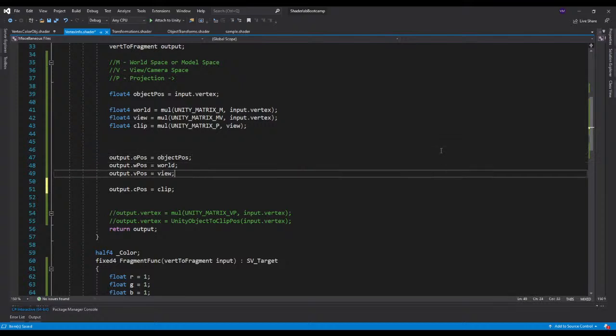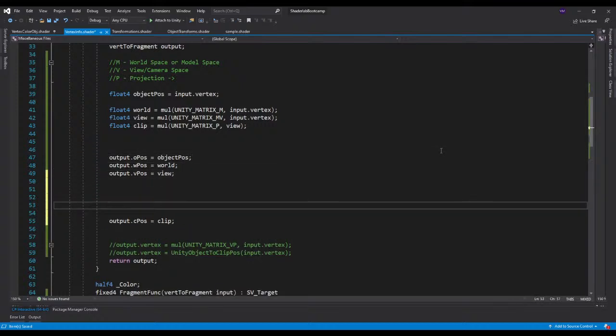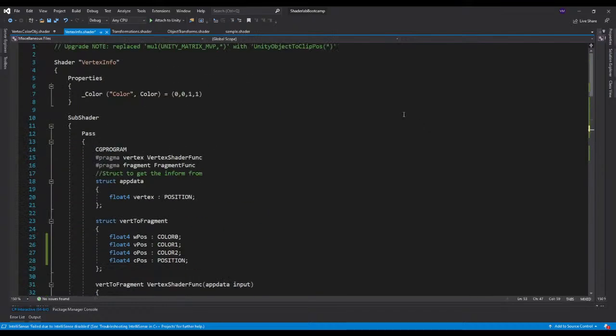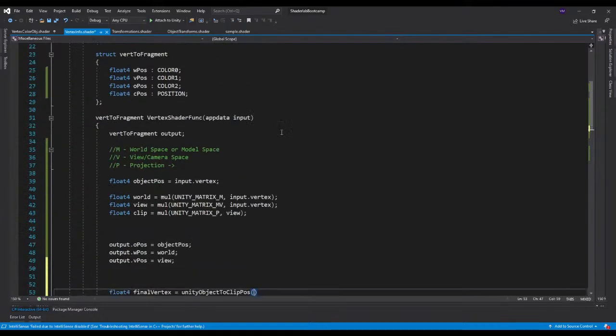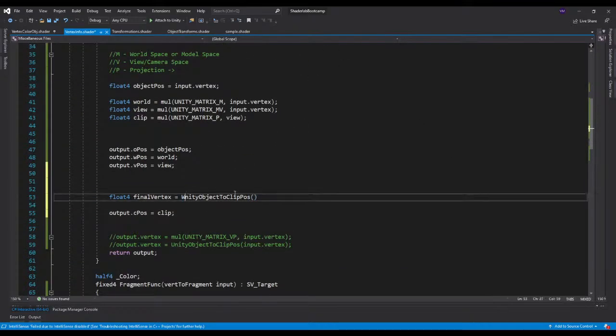To make it very simple for you, I'm going to create a float for the output position. Remember the object to clip position function that Unity has, put a note here saying that we already have a function, guys. You don't need to multiply it by the MVP matrix.